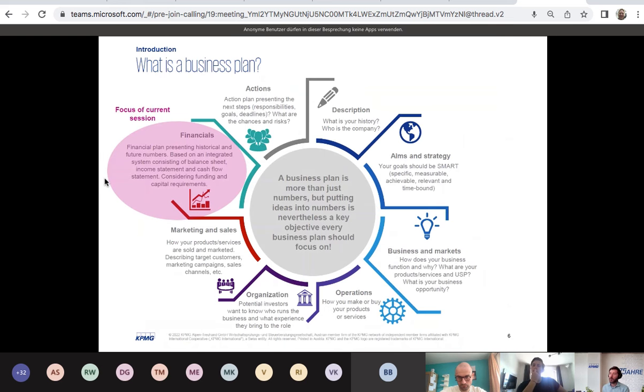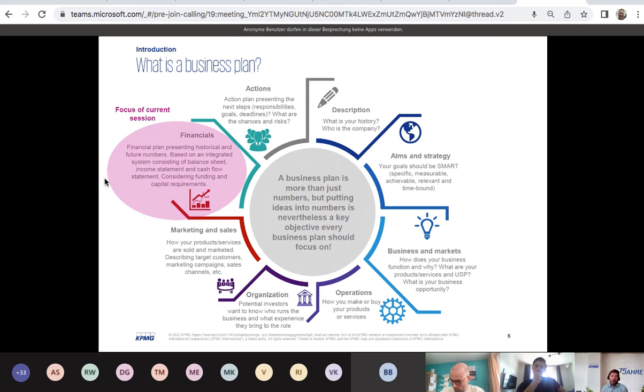Okay, regarding the business plan, what actually is a business plan? A business plan is quite or could be a quite huge data set or assumption set, which covers an action plan, for example, regarding responsibilities in a company, goals, deadlines, chances, risks.